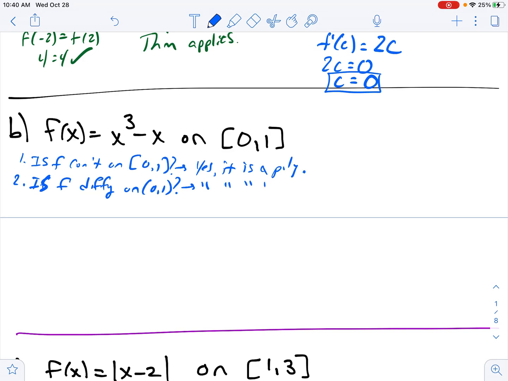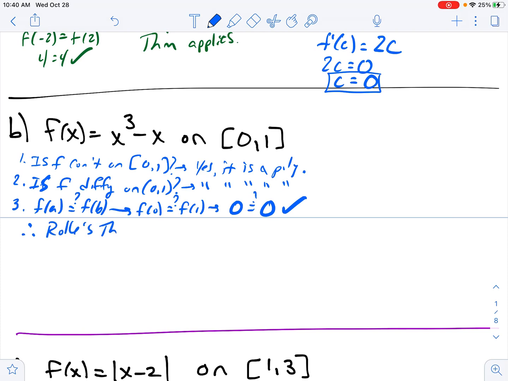Yes, it is a polynomial. Those are just quotation marks because I'm repeating myself in my writing. And finally, does f of a equal f of b? Does f of 0 equal f of 1 here? If I plug 0 into f, that's going to be 0. And if I plug 1 in, 1 cubed is 1, minus 1 is 0, so yes. Therefore, Rolle's theorem applies.